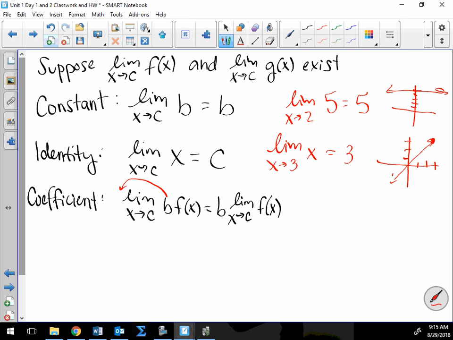An example of this, the limit as x approaches 4 of, let's just say, 2x, is the same thing as 2 times the limit as x approaches 4 of x. So again, I can take that coefficient out front. A lot of these properties seem like common sense, but it's still good for us to know that.